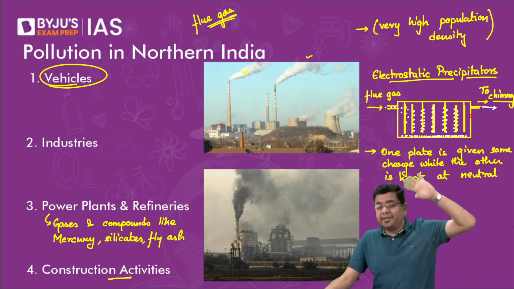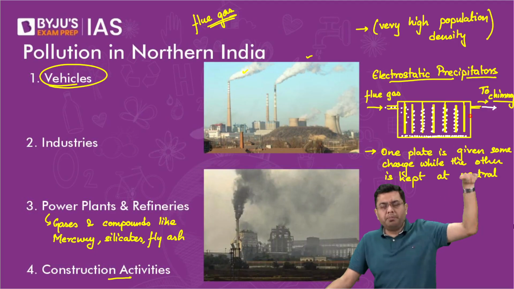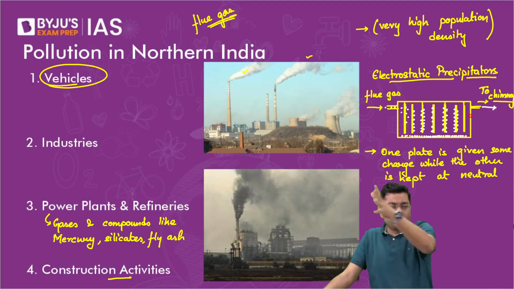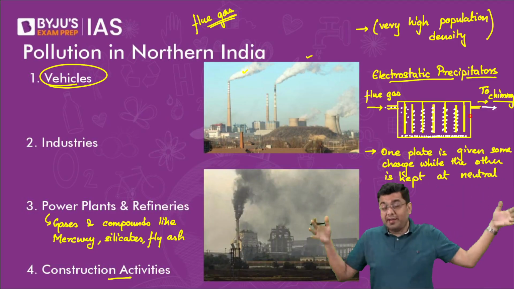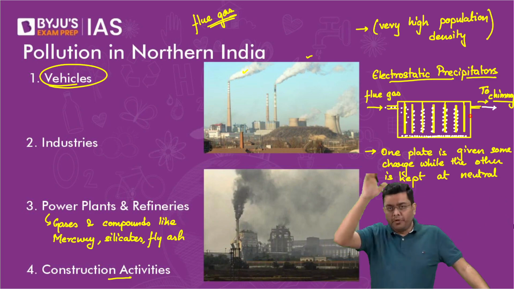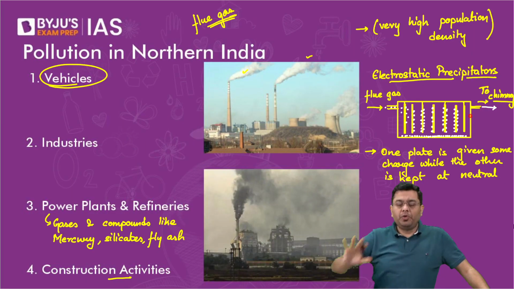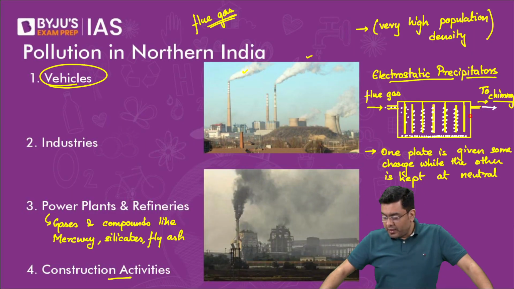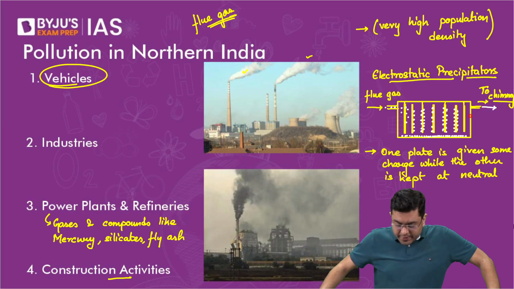So it is close to around a two-story building that you can think about. A two-story building, how big it is, that is the electrostatic precipitator. The plates are also the size of your room multiplied by 3 to 4 times, so that is the size of the plates in this case. Okay, so that is the case of the electrostatic precipitator, right?